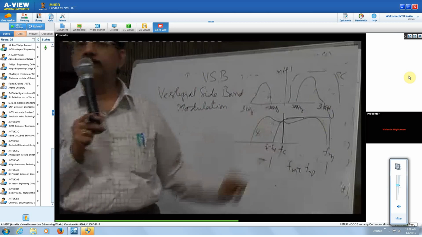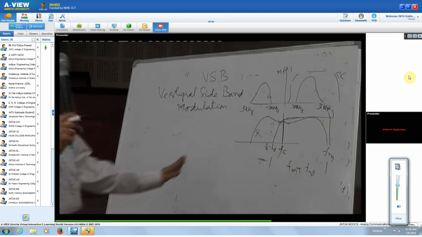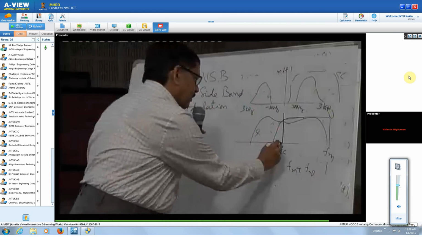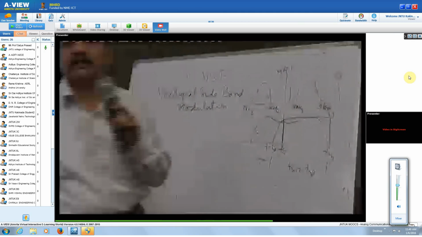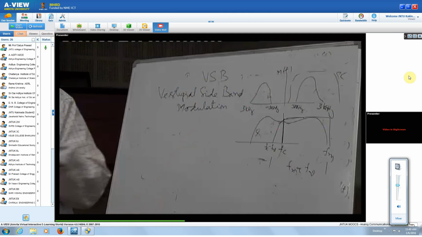In the case of your TV signal, you will also have a DC component. That means we have a spectrum starting at 0 and going up to high frequency.